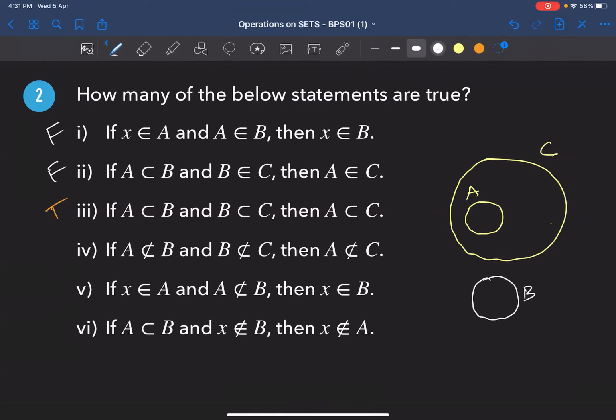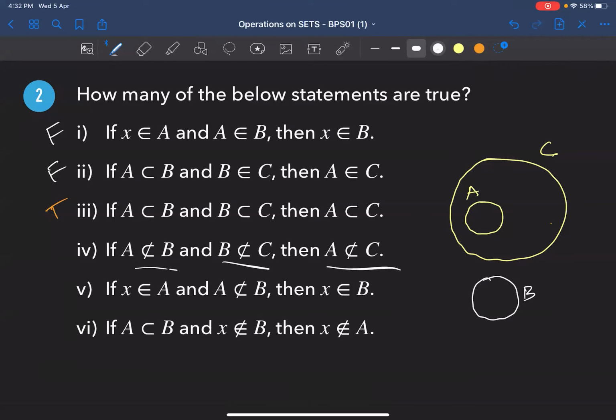Is A a subset of B? Then this is true. A is not a subset of B. This is also true. B is not a subset of C. But is this true in this case? No, sir. Are you getting what I'm saying? So this is actually a false statement.